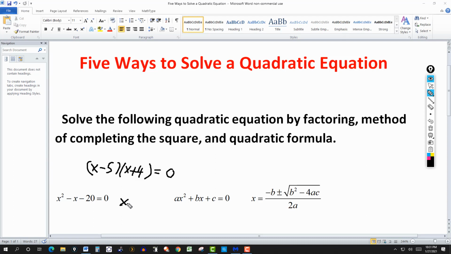So that means that either x minus 5 has to be 0, or x plus 4 has to equal 0.